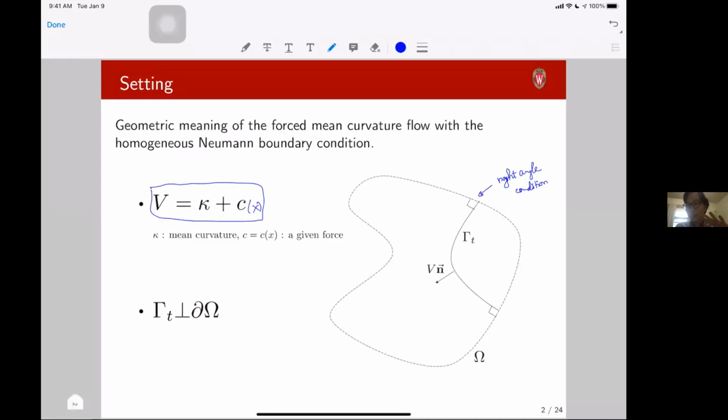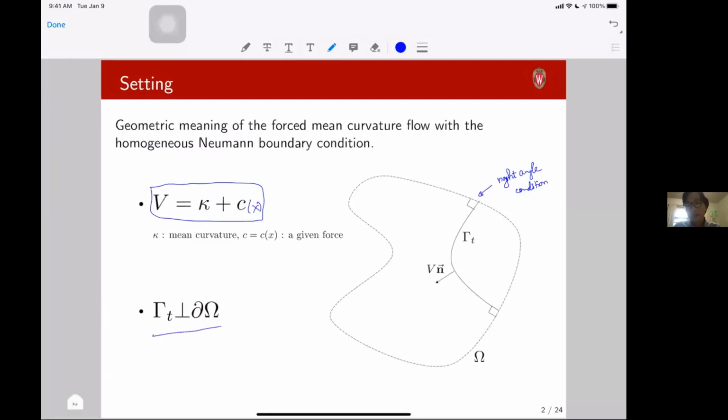That means the velocity is different at different places, and the question is how do we describe the motion of this surface as time goes. And again, this is the right angle condition.